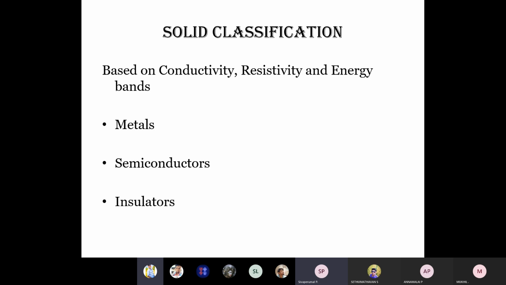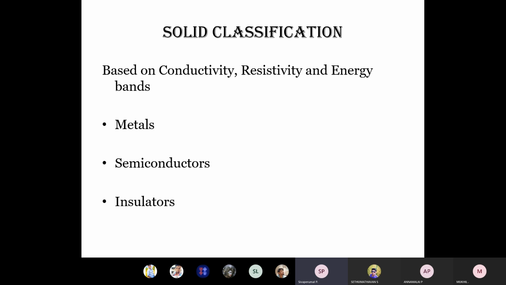So here are given some basic things only. Just recall the classifications you studied before, to classify everything. So here, classification based on conductivity.